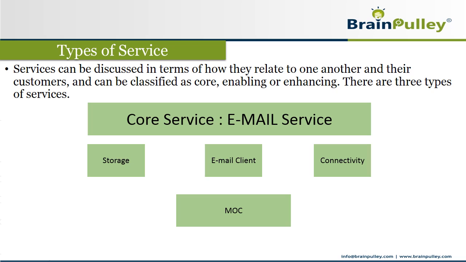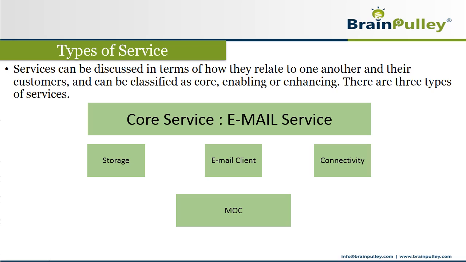The enabling services are those services which are needed in order for a core service to be delivered. Enabling services may or may not be visible to the customer, but the customer does not perceive them as services in their own right. They are basic factors which enable the customer to receive the real service, which here is the core service.